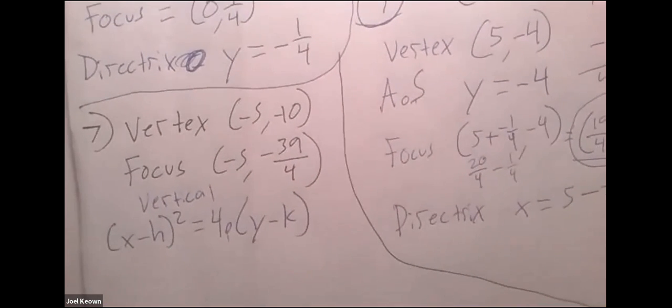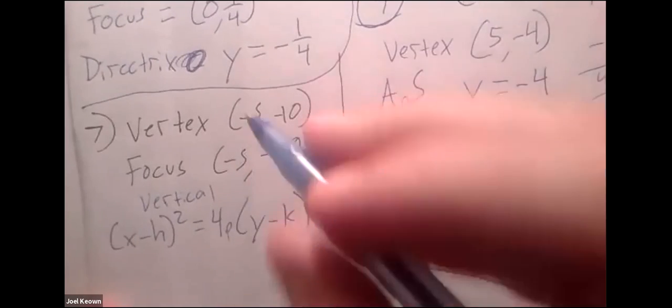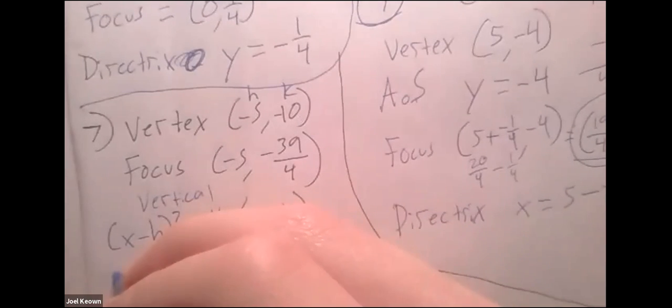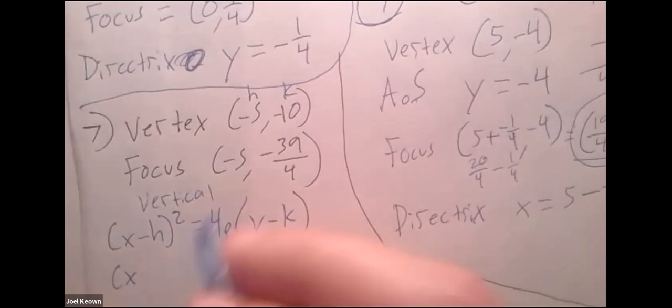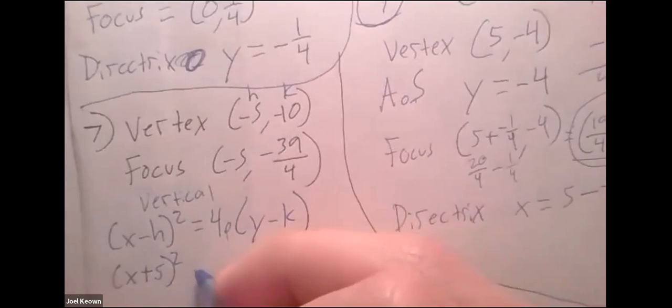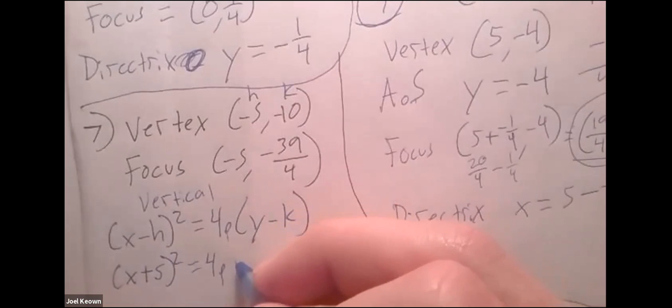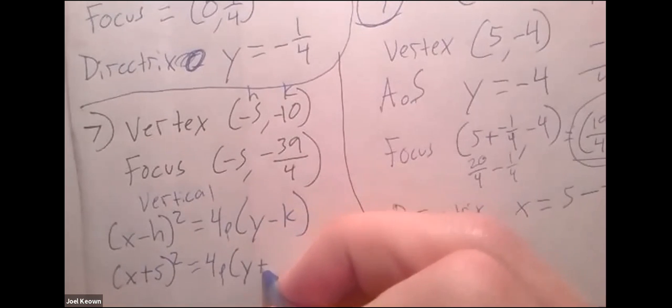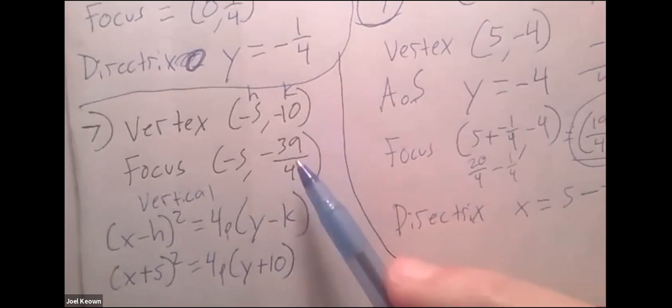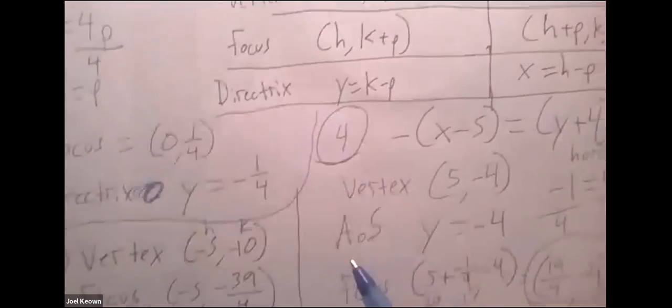And I can now plug in what I know. Well, I know my vertex gives me my h and my k. So I can plug that in first. So this is x plus 5 squared equals 4p times y plus 10. Okay. Now, that's the focus point. How did I go from there to there? Well, let's look back at my formula.